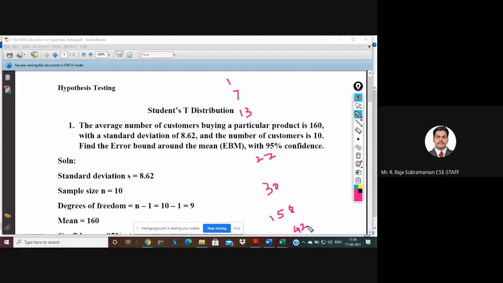What is an outlier here? 158. Why? It is a distant value. The range is otherwise small, and if you take the mean, everyone will have a constant number between them. If you say 1 to 6 or 7 to 13, small deviations will be there, but this deviation is very high. So 158 is going to be an outlier.